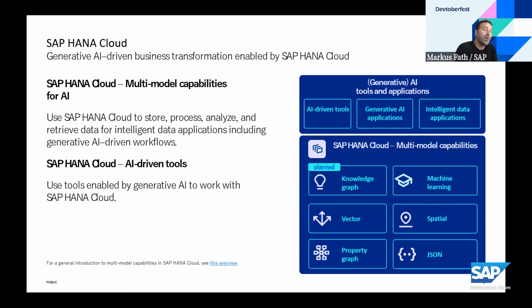And in turn, we ourselves use GenAI technology in order to improve the HANA Cloud tooling for the developer, for data scientist, as well as for the administrator. For example, there is a natural language SQL console, which helps the developer to interact with HANA. In today's session, I will focus on the vector engine and the knowledge graph engine.